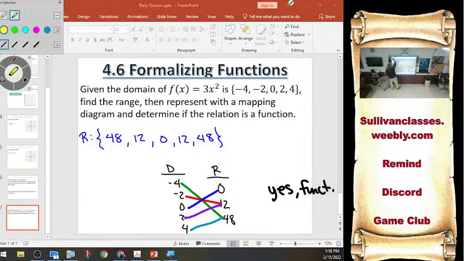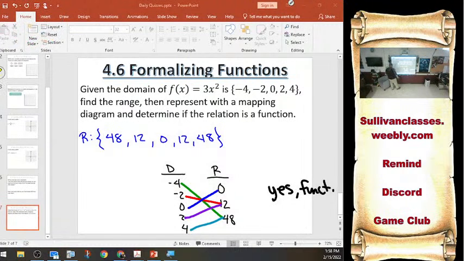So, did we have the mapping at all? Did we connect the lines appropriately by not repeating our 12 or our 48? Remember, we only read them once. Okay. Did we say yes, it was a function?